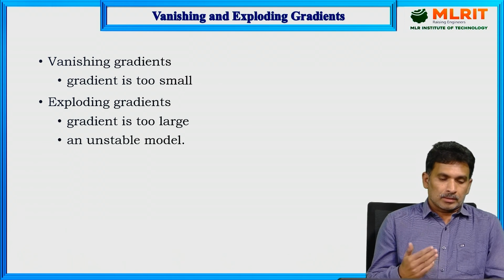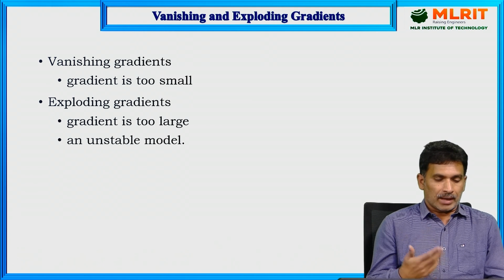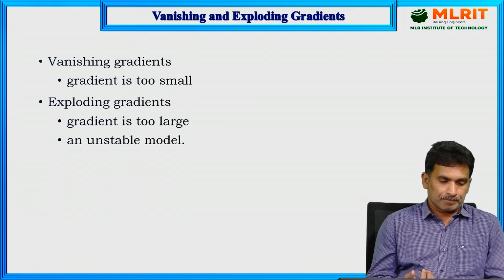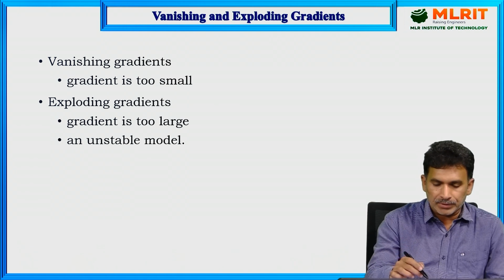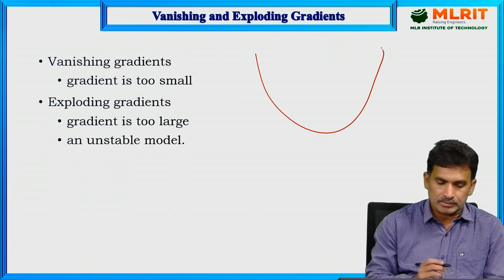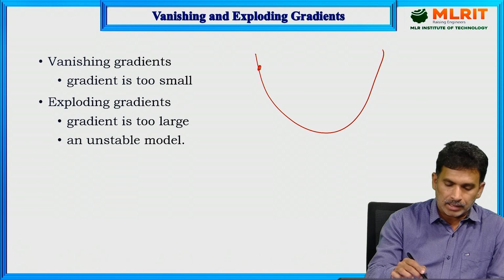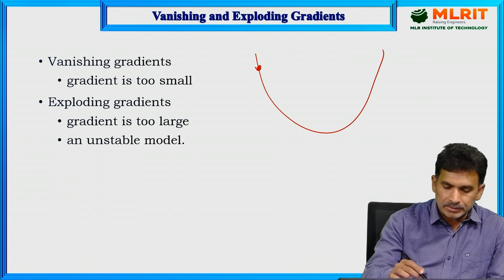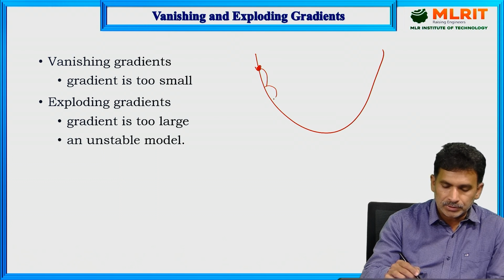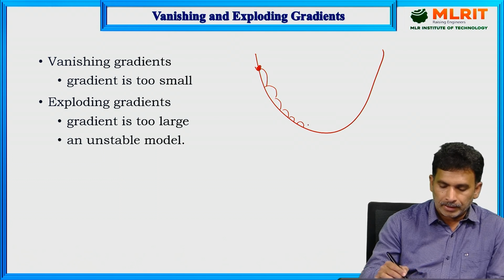So we have to understand when the vanishing gradient problem occurs. If you take a curve like this, suppose you start at this point with some learning rate, and gradient descent works by taking steps like this to reach the optimal.